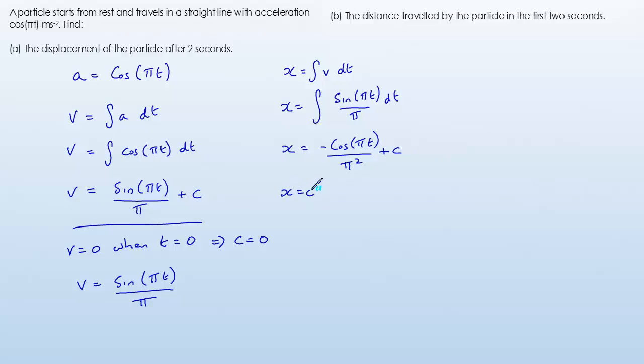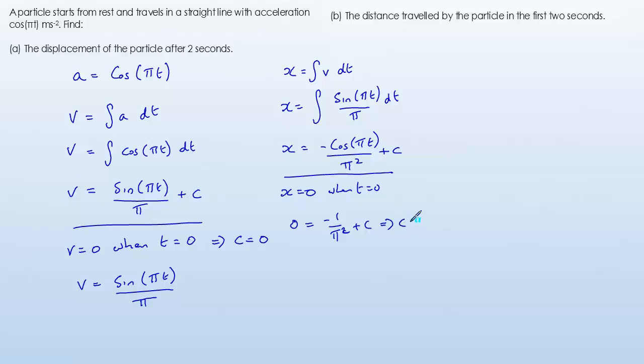So x is equal to 0 when t equals 0. That's what we assumed, that the start point is where we're measuring from. And so what does that mean? So 0 equals, well, cos of 0 is 1, so negative 1 over pi squared plus c.